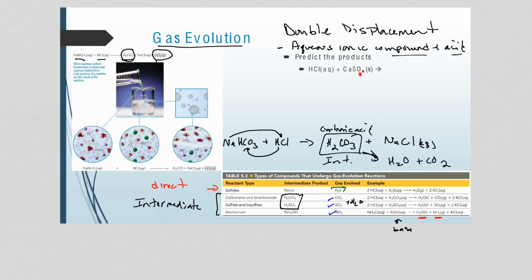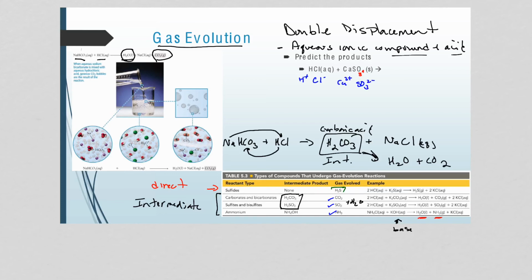Okay, let's look at this one example here. And again, let's do our double displacement. We have HCl plus calcium, and there's a typo on the slide. This should be calcium sulfite, CaSO3. And so if we think about the ions present, the acid will have H+ and Cl-. You'll have Ca2+ and SO3 2-.